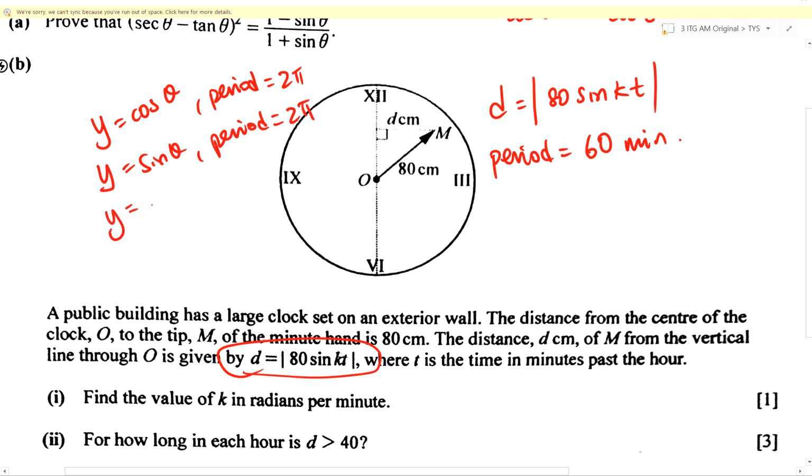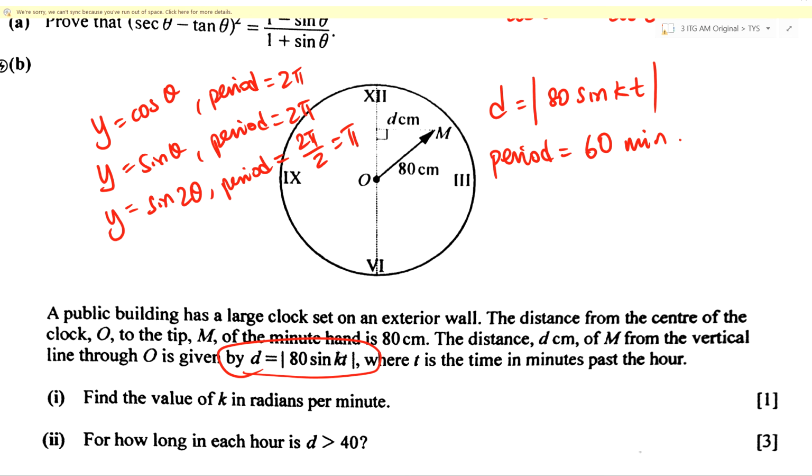For example, y equals sine of 2 theta, what is this period? When it is sine 2 theta? 2 pi over 2, and that is pi. This is the relationship that we're going to be using. We take 2 pi divided by the coefficient of this angle.